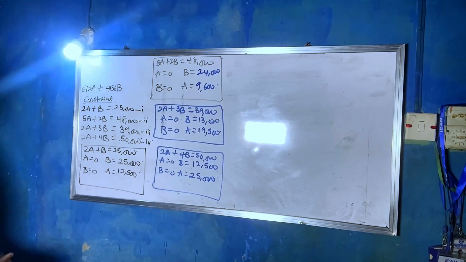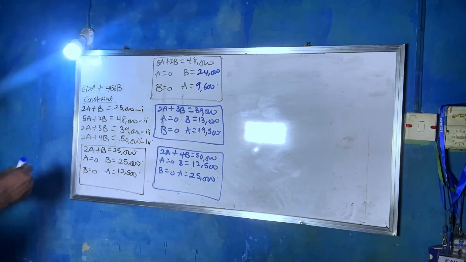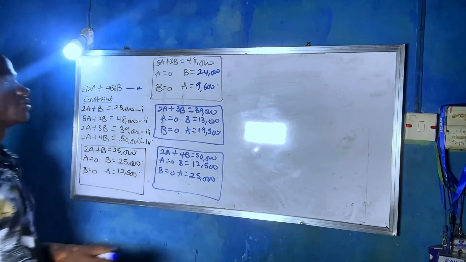The next thing is to draw my graph to determine the point at which this objective function is maximized. Let's see if we can manage the remaining space on our board to draw our objective function.